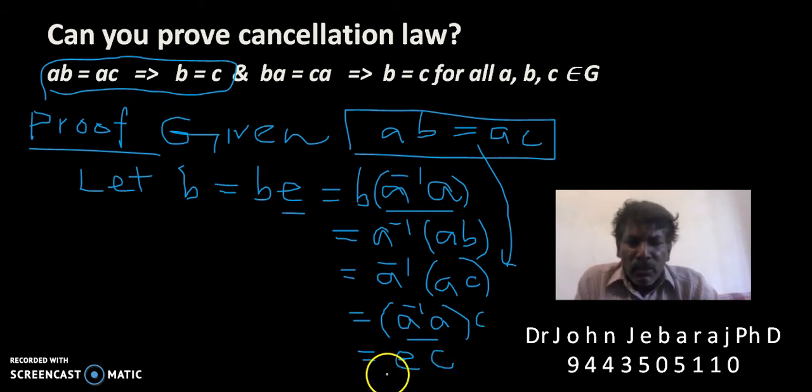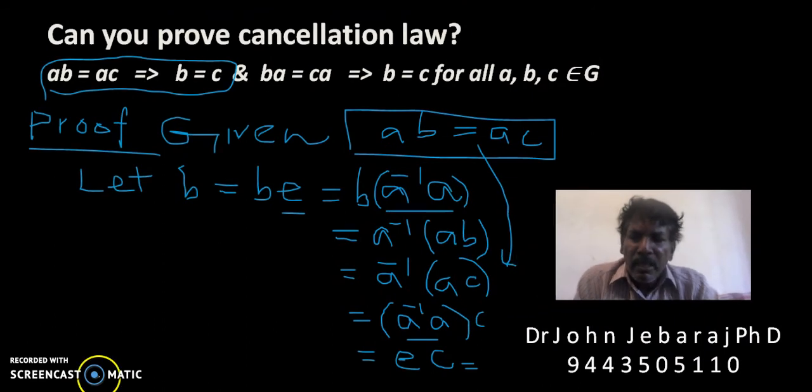By the rule again, if C is any element belonging to G, and E is the identity, when any element is associated with the identity, we will get the same element. That is what we know well from group theory.